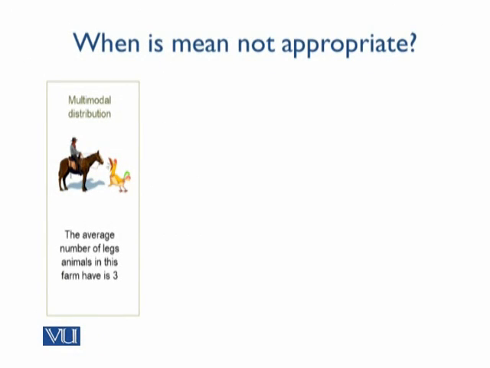If someone was to ask what is the average number of legs the animals on this farm have, the average value which will be calculated, assuming that the number of horses and the number of chickens are the same, would be 3. So this is the mathematical value, which is the arithmetic mean.